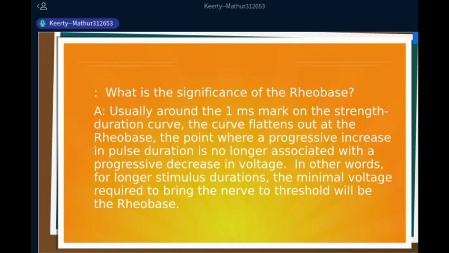Usually around the 1 millisecond mark, the SD curve flattens out at the Rheobase, the point where a progressive increase in pulse duration is no longer associated with a progressive decrease in voltage. In other words, for longer stimulus durations, the minimal voltage required to bring the nerve to threshold will be the Rheobase. So this is the minimum voltage or minimum current required to bring the contraction.